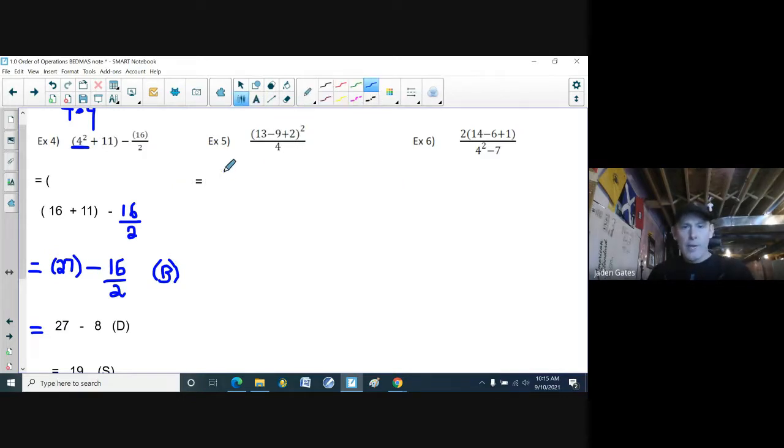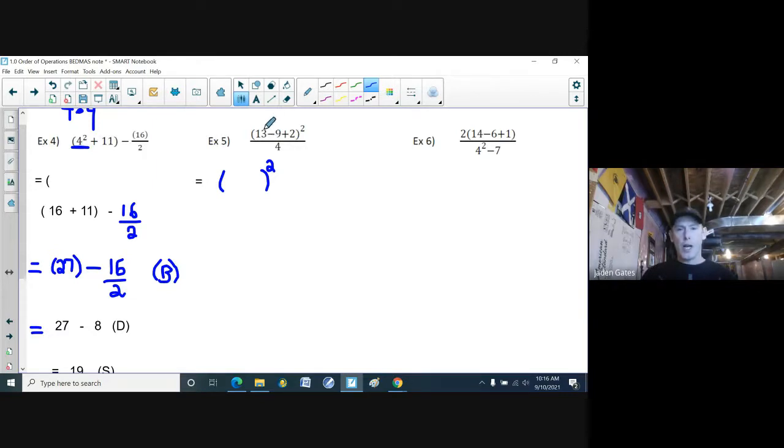All right. So I got to figure out what 13 minus 9 plus 2 is. Because, again, inside the brackets, you got to follow BEDMAS. I don't have any exponents inside the brackets. I don't have any division or multiplication inside the brackets, but I do have addition and subtraction.